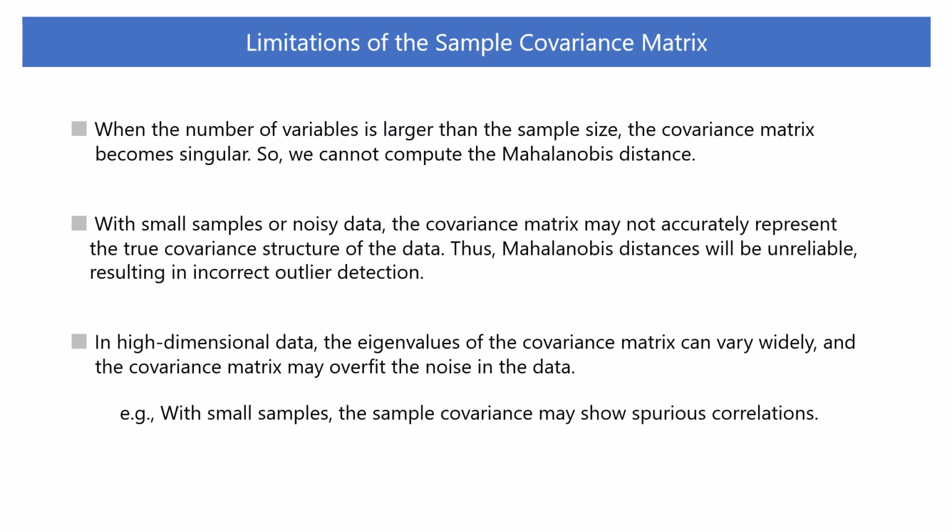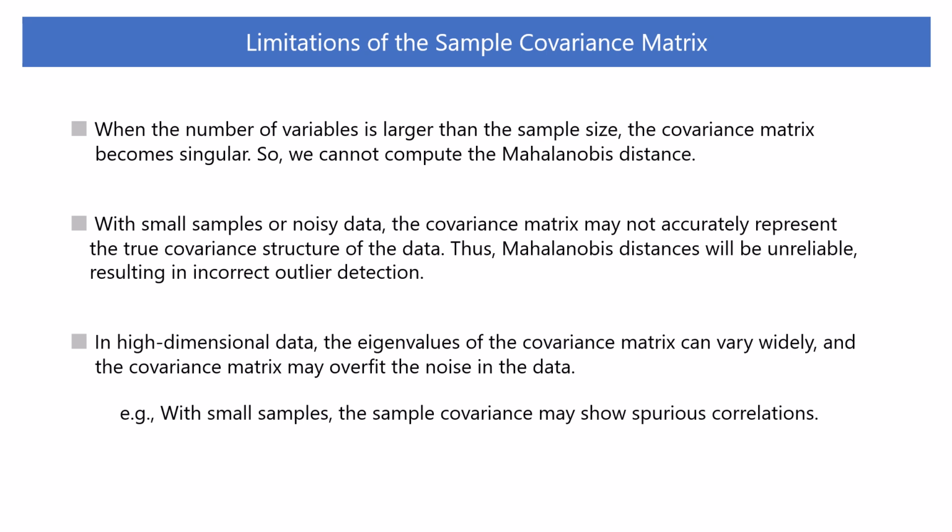The covariance matrix works well when the sample size is large relative to the number of variables. However, if we use high-dimensional data, we will face challenges. First, when the number of variables is larger than the sample size, the covariance matrix becomes singular, that is, it cannot be inverted.